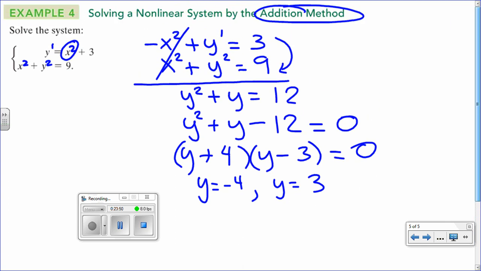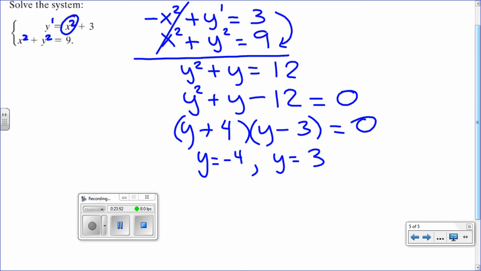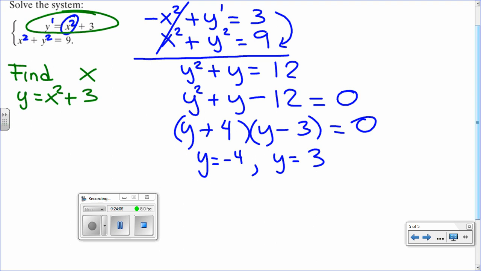So now we have the y values, so we need to solve for x. If I take this equation here, y equals x squared plus 3, and then I solve for x, we will get y minus 3 is equal to x squared.